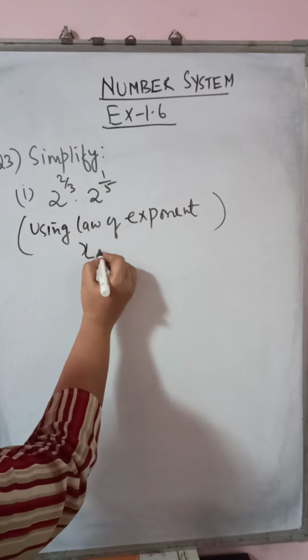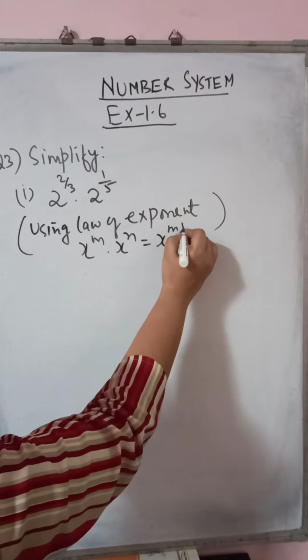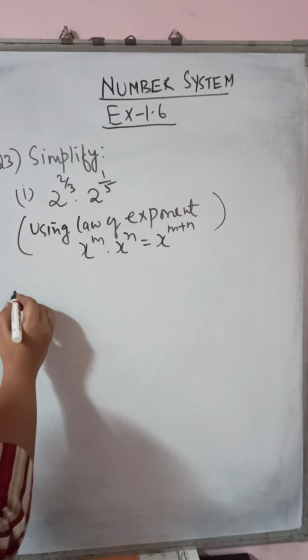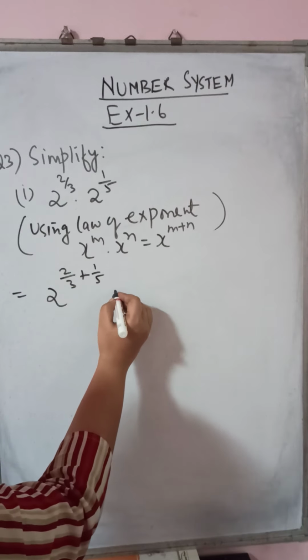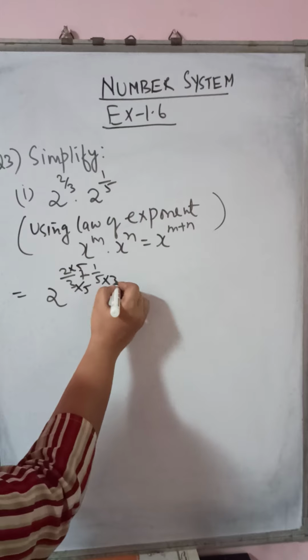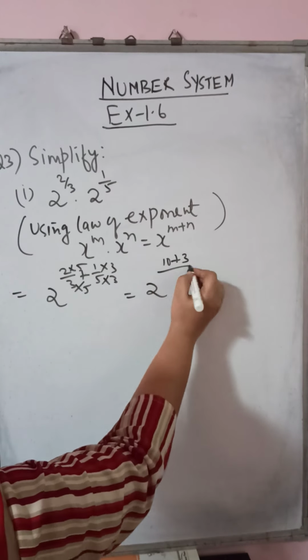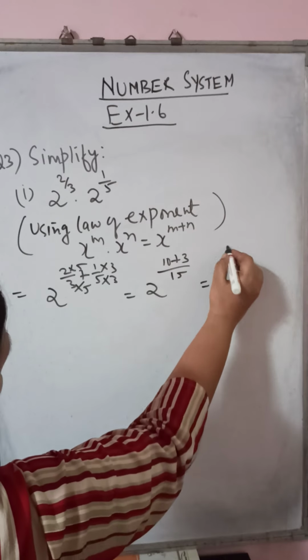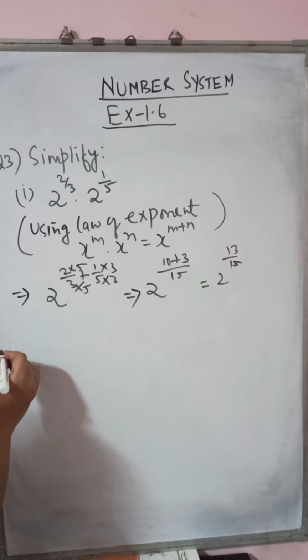We are going to use x raised to power m into x raised to power n is equal to x raised to power m plus n. So what you'll get is 2 raised to power 2 by 3 plus 1 by 5. The LCM is 3 into 5, so 2 raised to power 10 plus 3 by 15. So 2 raised to power 13 by 15. Okay, so this is the answer.